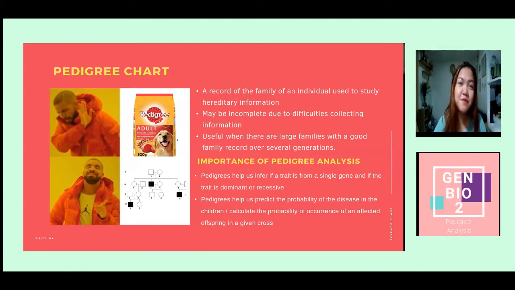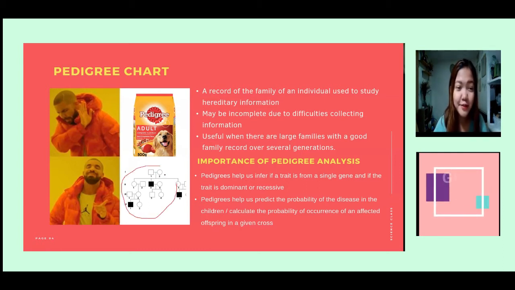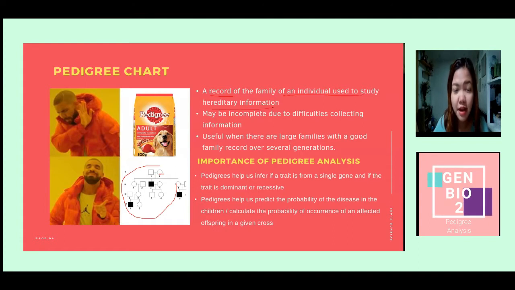The pedigree that I'm referring to is much more like this. It's composed of circles, squares, and shaded and unshaded shapes. Basically, a pedigree chart is a record of the family of an individual used to study hereditary information.